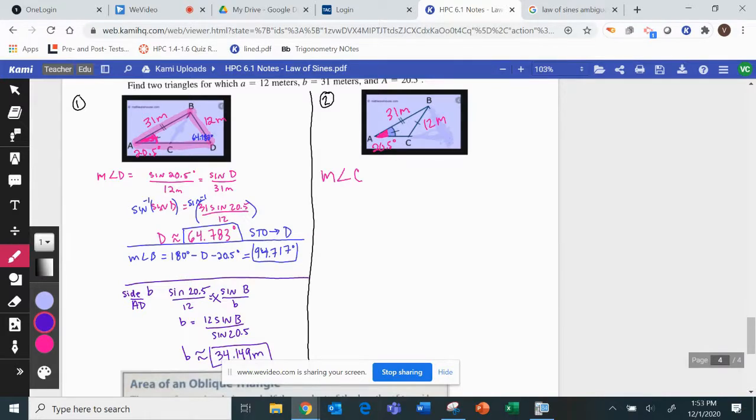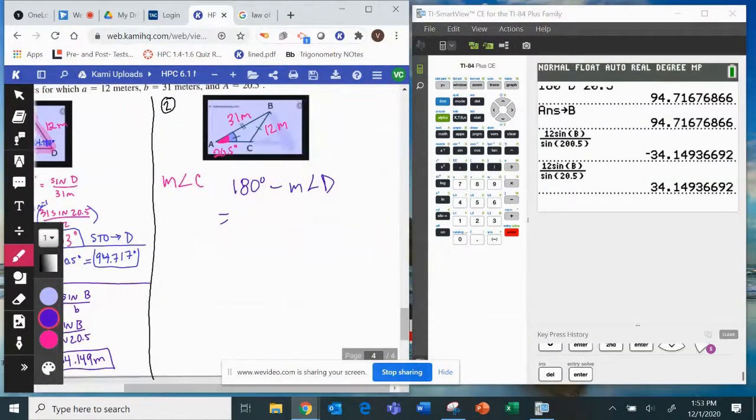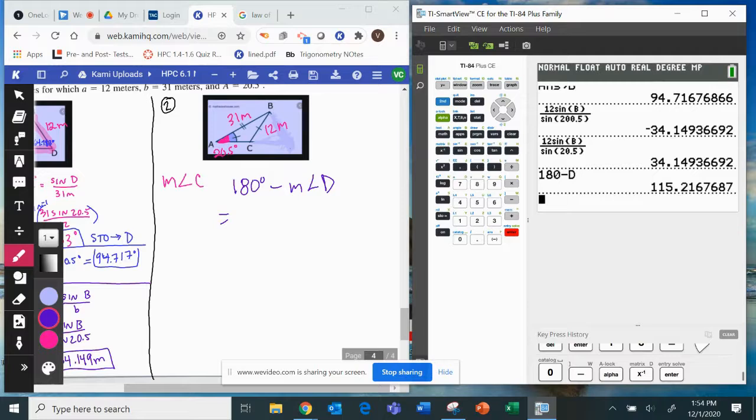We just have to take 180 degrees and subtract off the measurement of angle D. Since I stored that already on my calculator, I just have to do 180 minus alpha D, enter, and there I have it, 115.217.